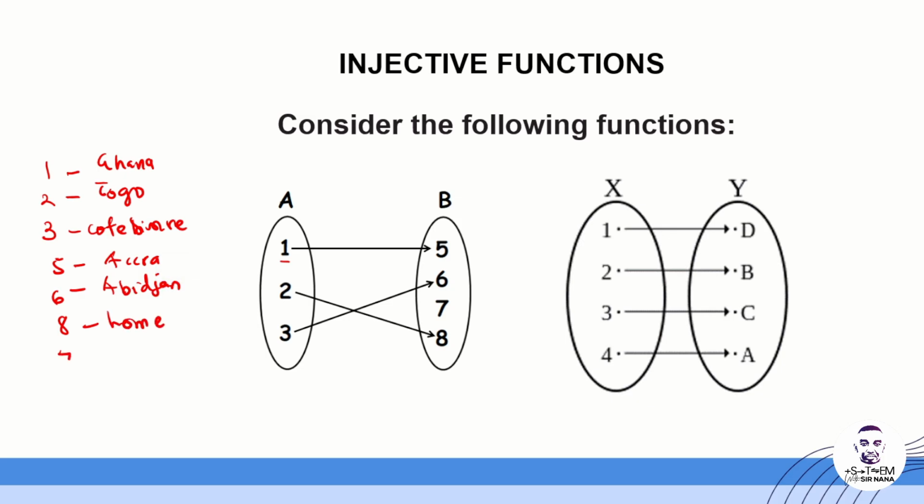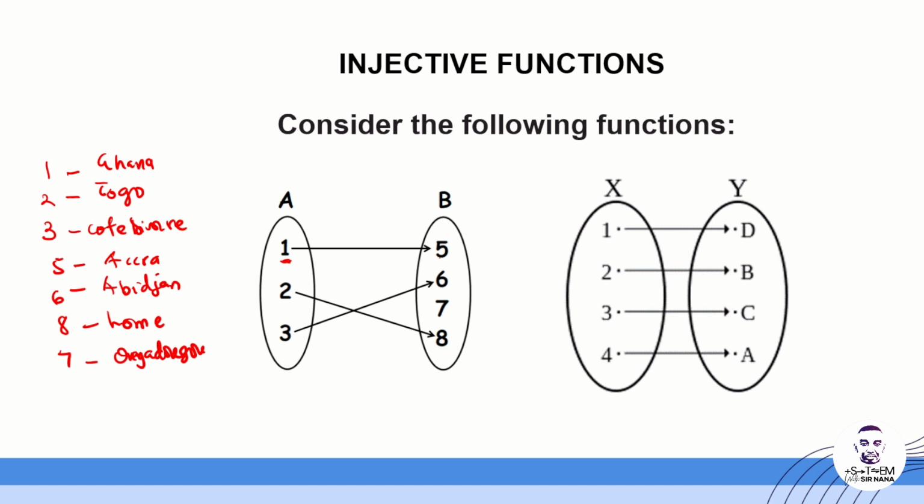And let's consider that our 7 is Ouagadougou. So we say that injective functions are functions where the members of the domain are mapped to a unique image in the codomain.